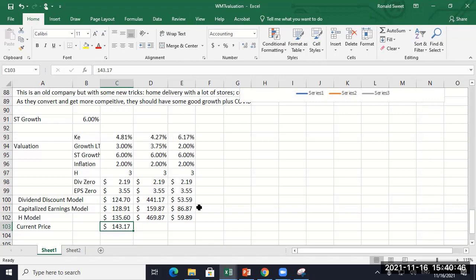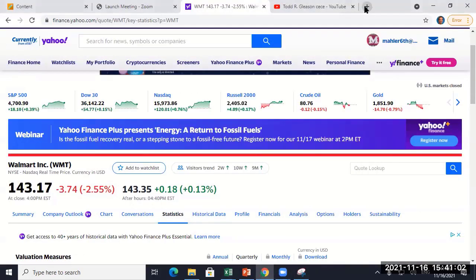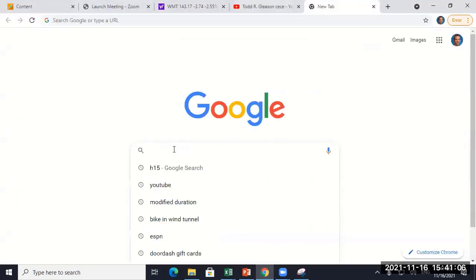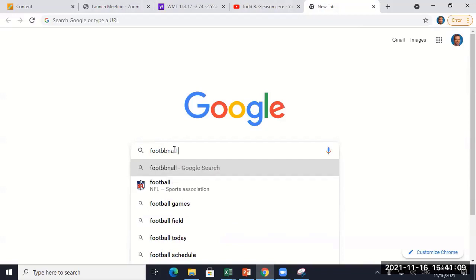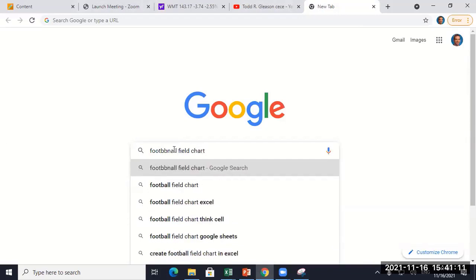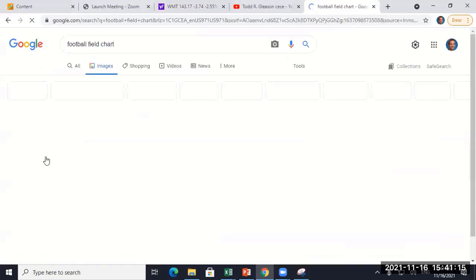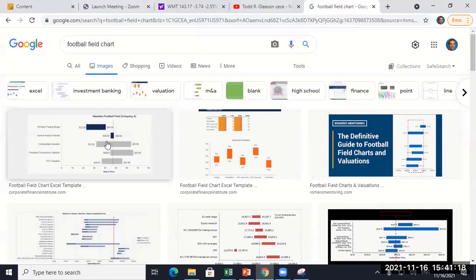Now, one thing I love in the papers, I'm not requiring y'all to do it, but I would recommend you learn how to do this. It's called the football field graph. Have you ever heard of that? So let me show you. We're using it in my risk management, my security analysis class. So this is a football field chart.